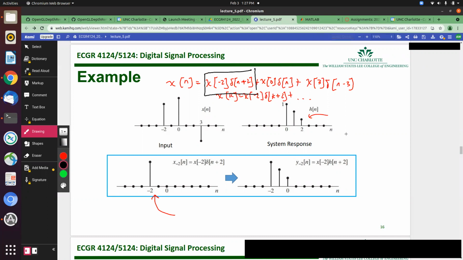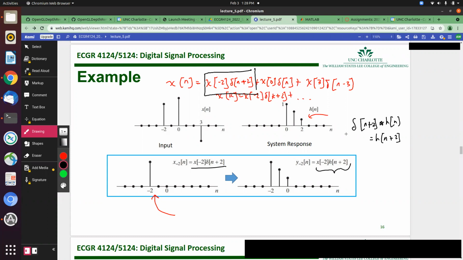We would write x of minus 2 times delta of n plus 2 convolved with h of n, which is equal to x of minus 2 times h of n plus 2. So we're using the shifting property there.